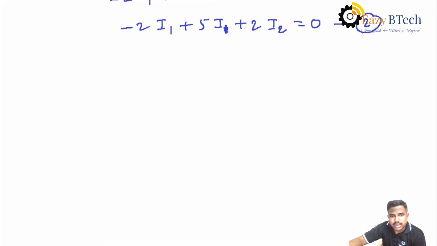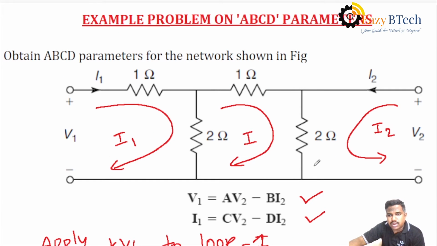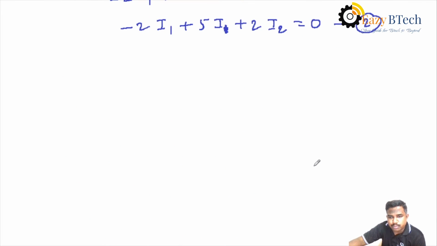Then similarly, in the third loop we have only a single element, that is 2 ohms. The passing currents are I2 and I. The voltage drop across 2 ohms is 2 into (I2 plus I), as both currents pass through it in the same direction.